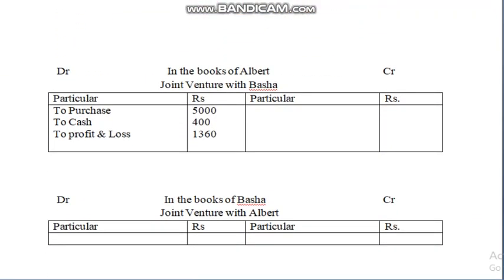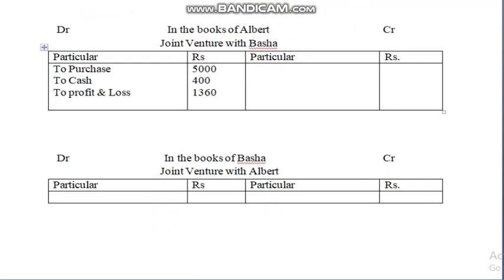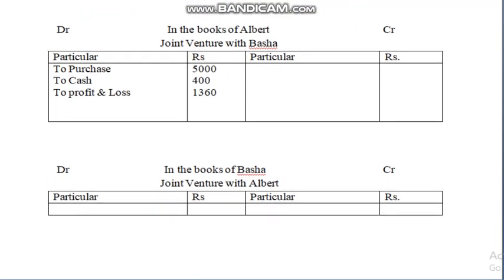Now make the balance of Albert's account. In Albert's account, debit side 5000 plus 400 plus 1360 rupees, so total 6760 rupees on both sides.